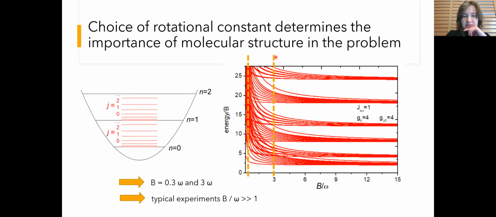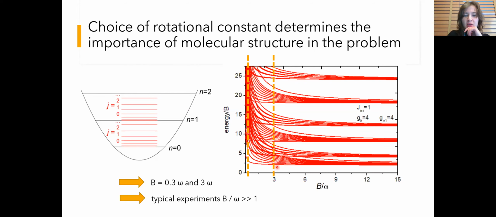Then we got a little more realistic, and we chose a larger ratio that, as you see, allows a few rotational states before we encounter the harmonic trap level. Sorry, actually we have a few harmonic trap levels before we encounter one rotational state, but they are still not so far apart.